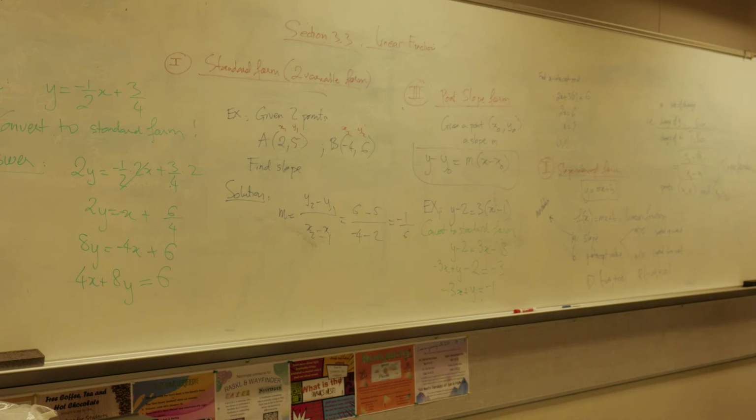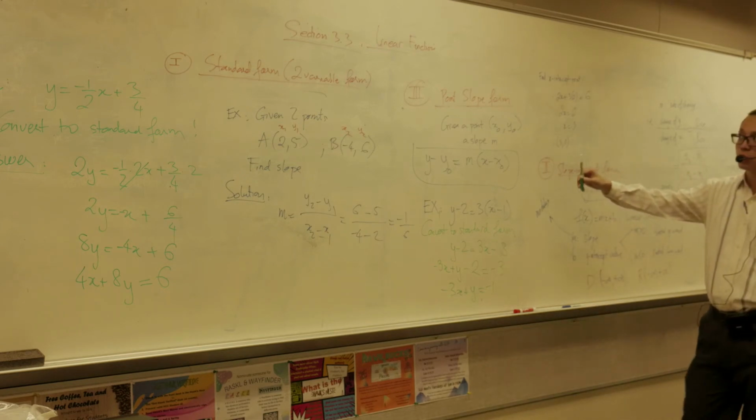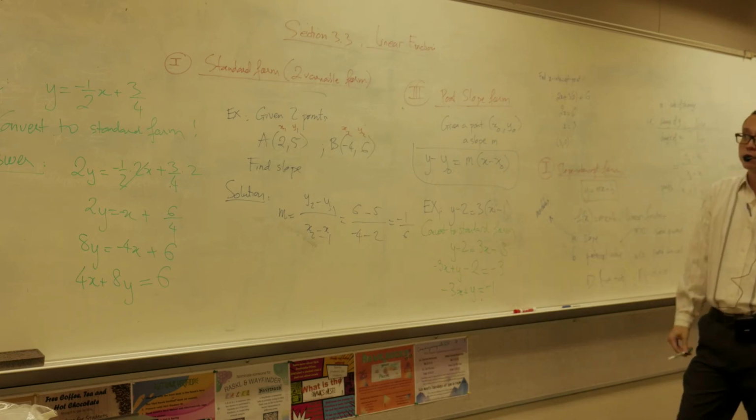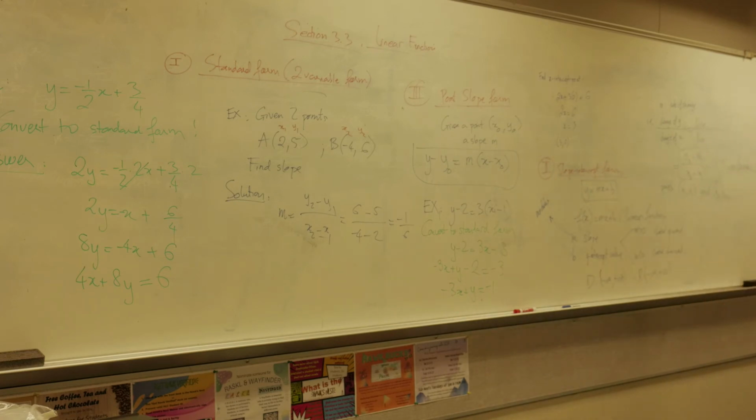Alright, let's see. So we talked about point slope form of a linear function, standard form, and the slope-intercept form. For the next section after the test, we're going to cover more about the point slope and the slope-intercept. Right now, at this moment, it's just kind of an introduction, for you to know what it looks like for every linear function.